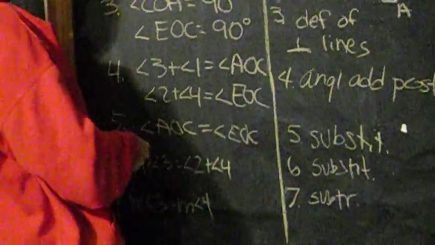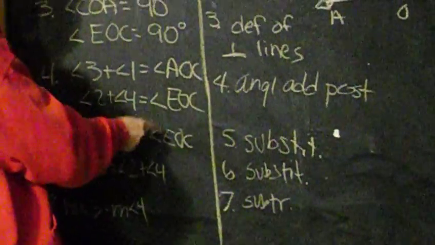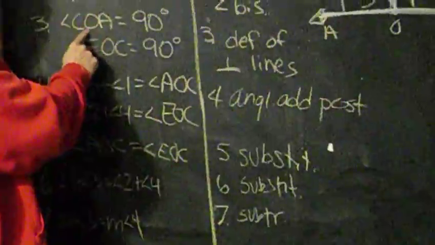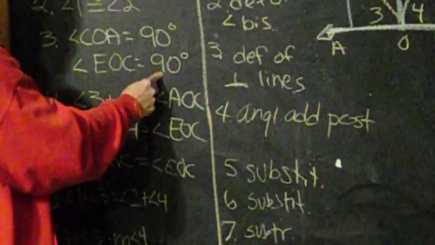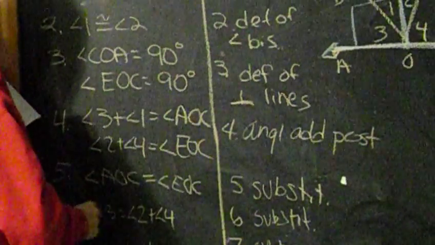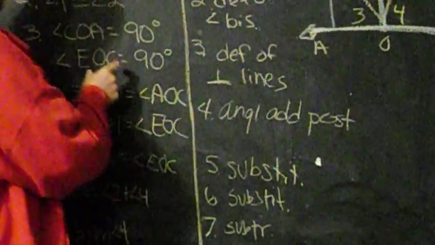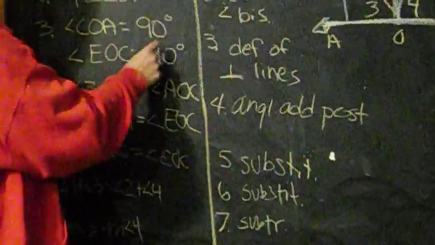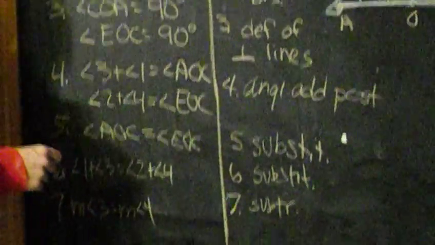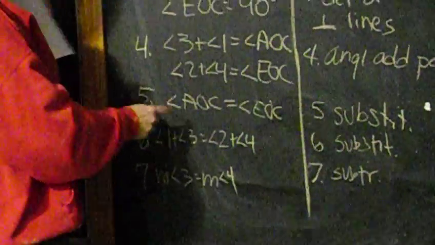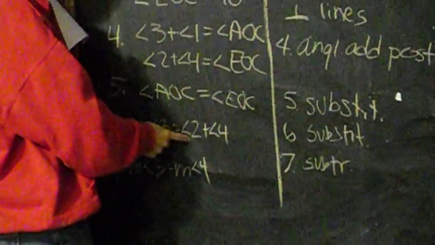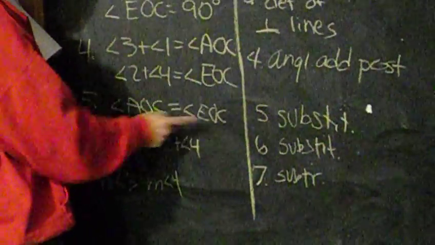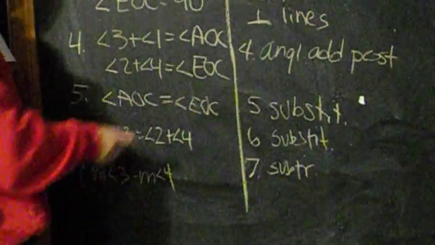Then I said AOC equals EOC. The reason why is AOC, or COA I wrote up here, is 90. EOC is 90. If they're both 90, then I know they're equal. So I wrote substitution because I substituted in 90 degrees, okay? So the next step is angle 1 plus angle 3, which is AOC, equals angle 2 plus angle 4, which is EOC, because I just said those 2 are equal.